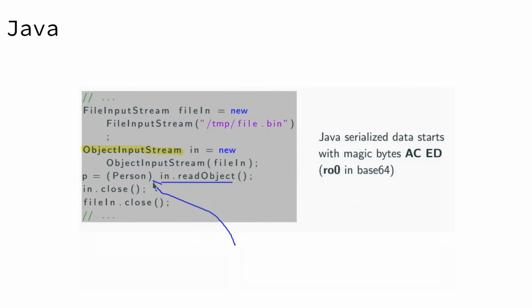We would get an exception, because if we would use the class Dangerous or another class that we want to utilize for property-oriented programming, for exploiting, then this cast wouldn't work, because Dangerous is hopefully not a subclass of Person, or Person a subclass of Dangerous. So this cast would fail. So in order to exploit this, we would need the exploit to execute code already at this stage before the cast happens.